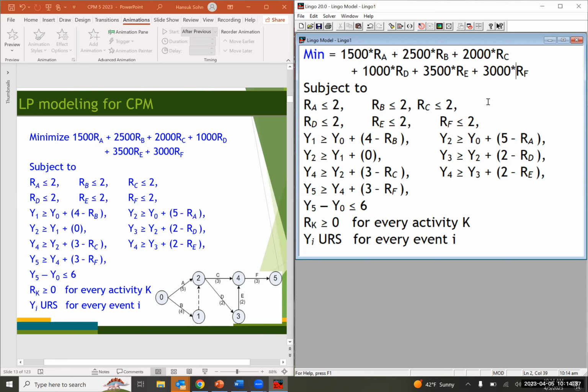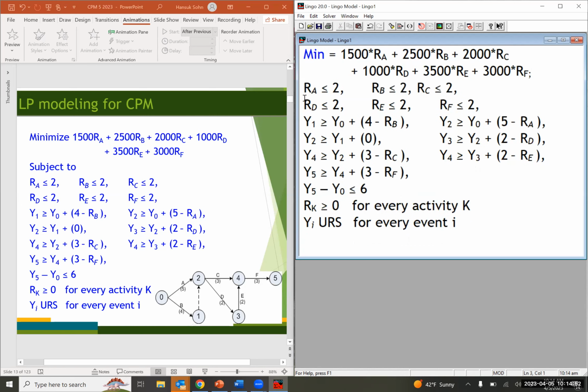So let me just leave it as it is and see later. So we do need a semicolon. And we don't need subject to or st, right? So now I'm gonna change this comma with a semicolon.